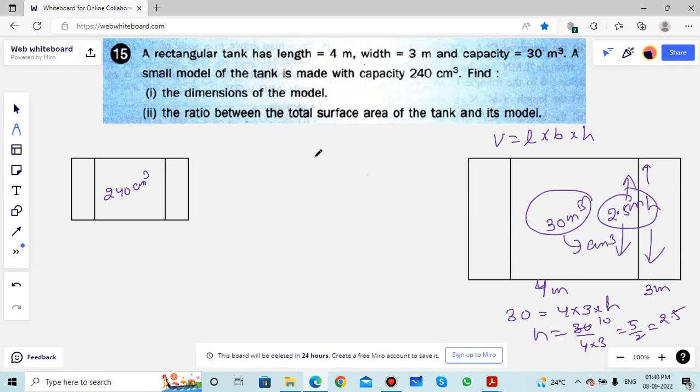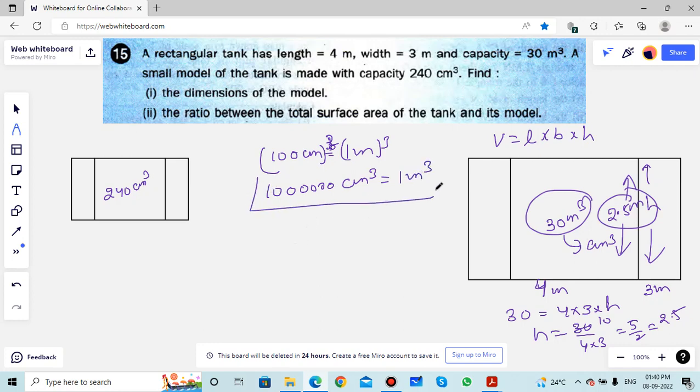Very important one. So see, we know that 100 centimeter is equal to 1 meter, but it's a cube relation that we want, so cube it both the sides. So when you cube both the sides, what do we get? 100 into 100 into 100 centimeter cube is equal to 1 meter cube, right?